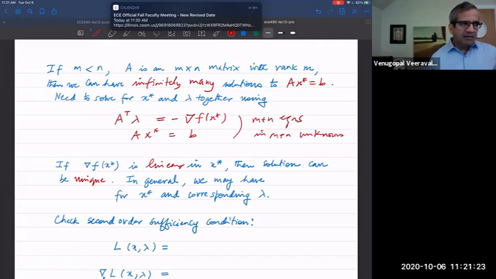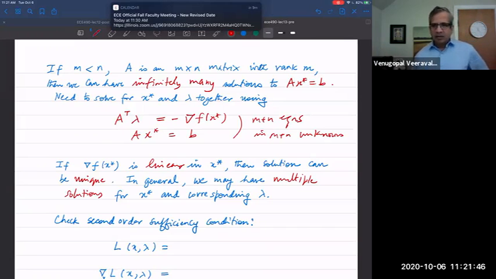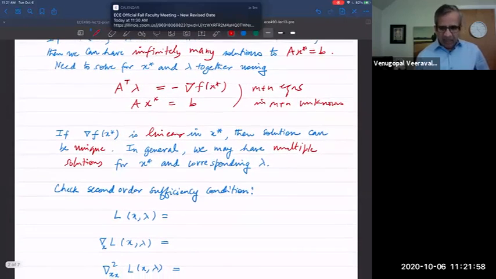For example, if F is not quadratic, it's not going to be linear in X star, and so we may have multiple solutions for X star and the corresponding lambda. In that case, you may have to look at all the possible candidate solutions for X star, and then check to see if the second order sufficiency condition is satisfied.